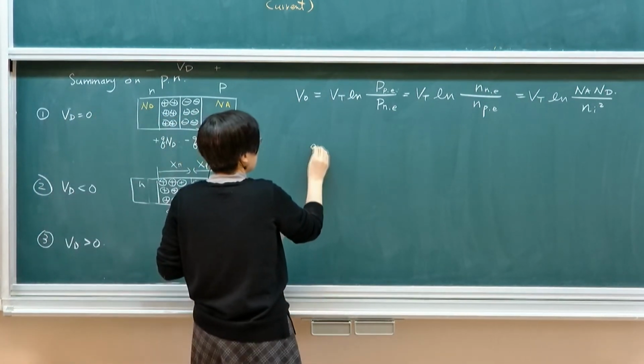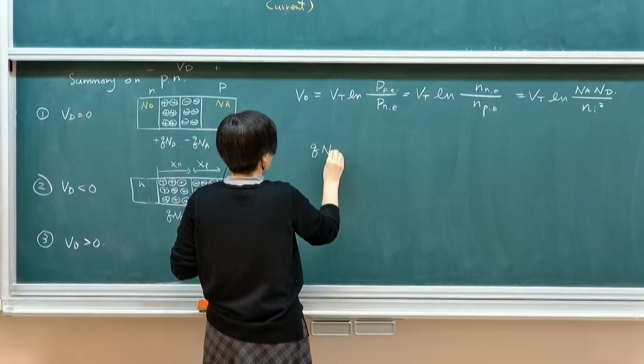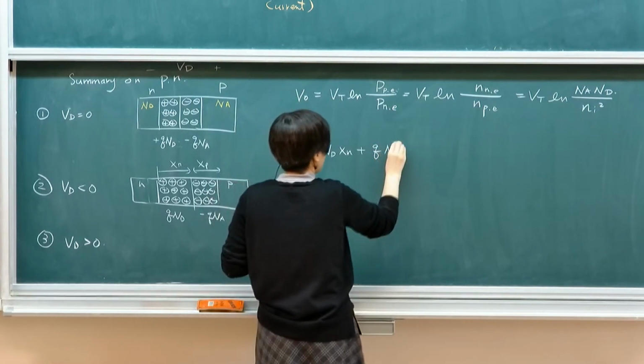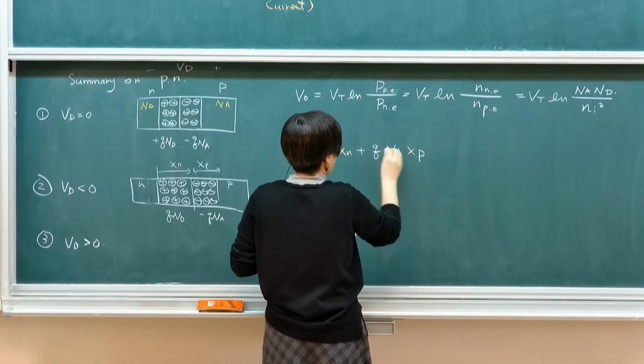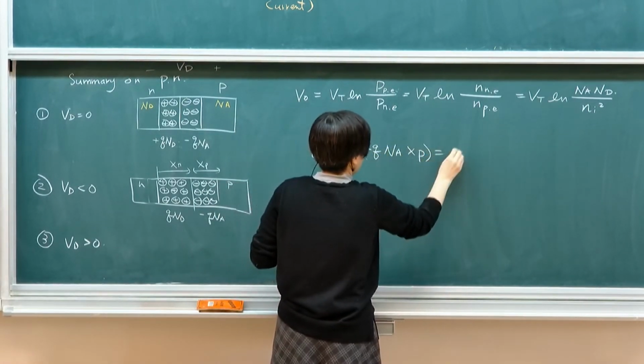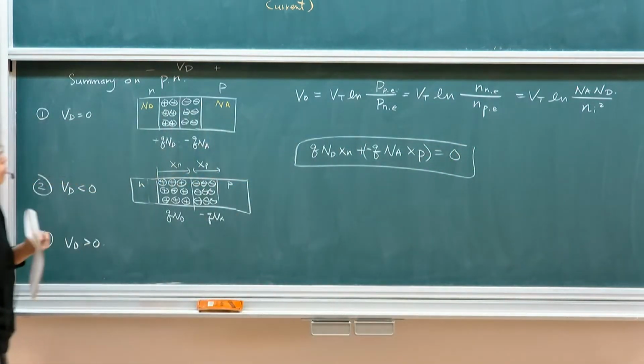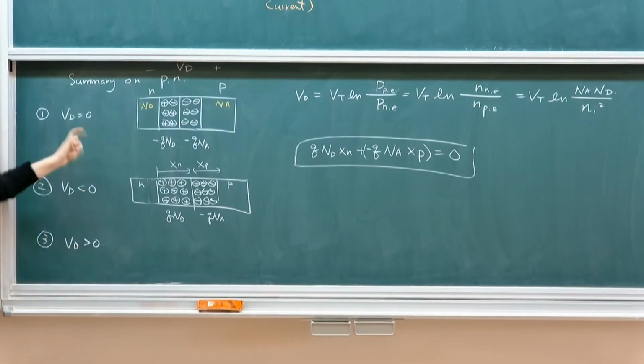In any condition, QND Xn equals QNA Xp. As always true, charge neutrality has to hold in depletion, forward, reverse, all three conditions.